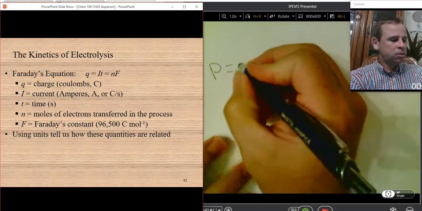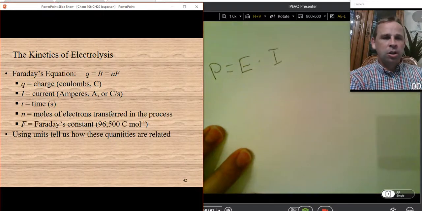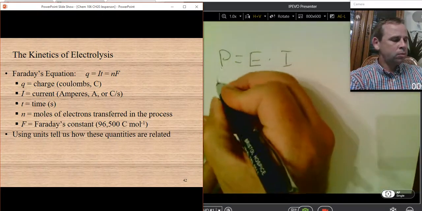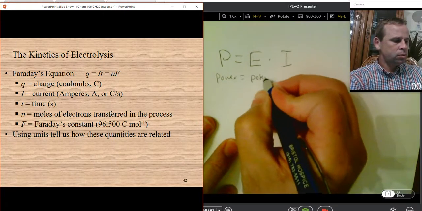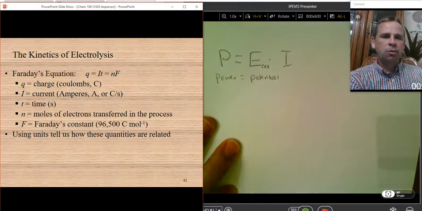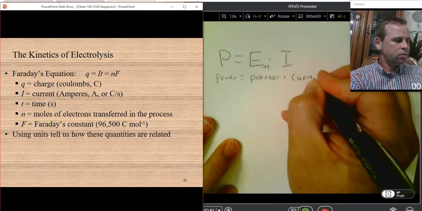Power is the potential times the current. So power is the potential, which is like the E cell that we were talking about before, and I here is the current.